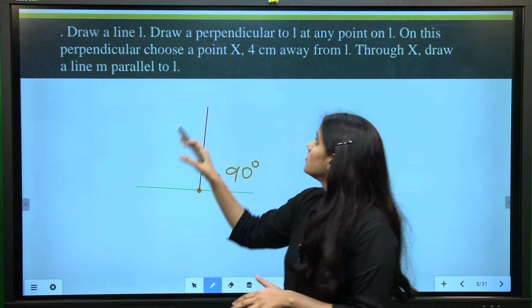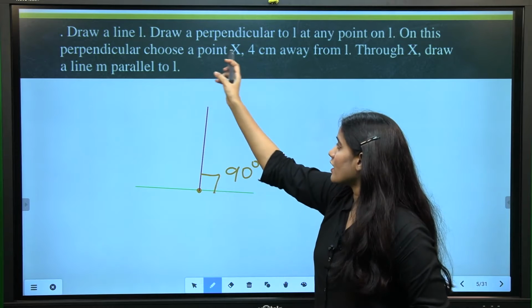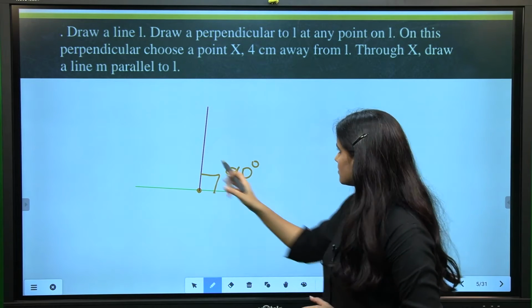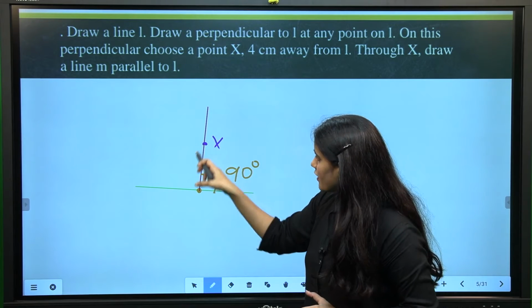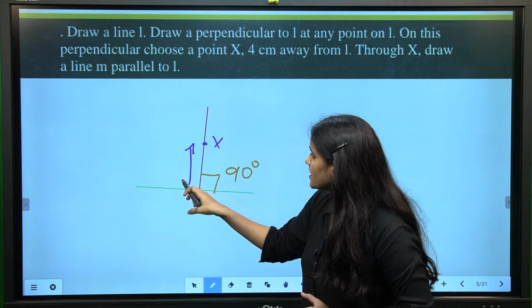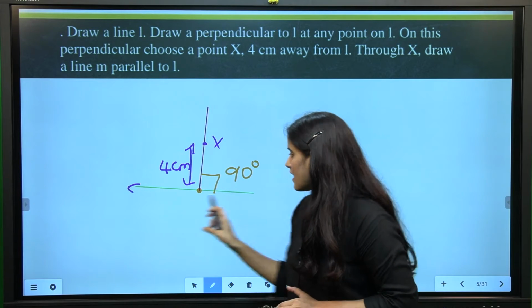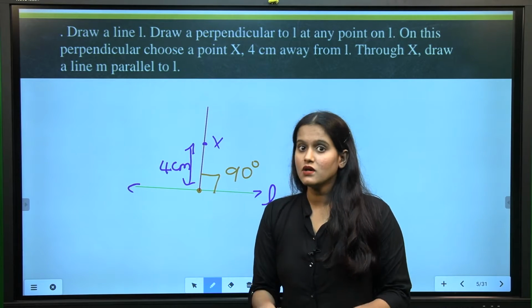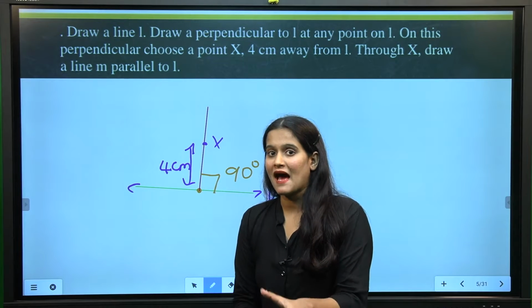Okay, now on this perpendicular you need to choose a point X, and that too this X point should be 4 cm away from line L. Okay, now after drawing all this, then you need to do the construction of parallel line.